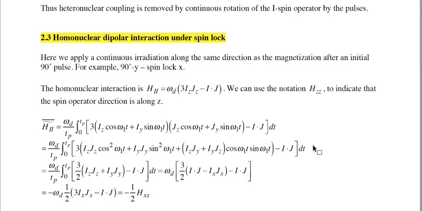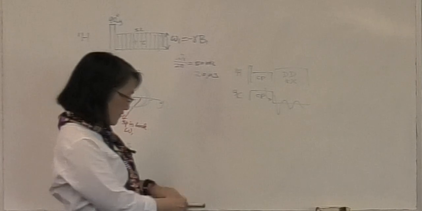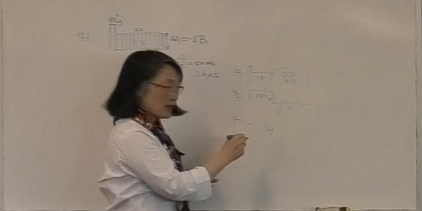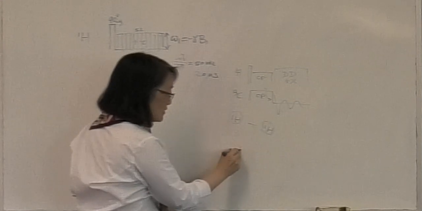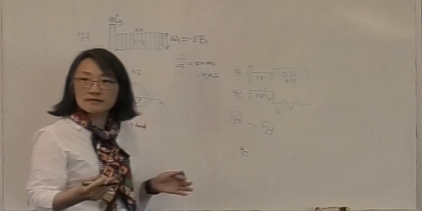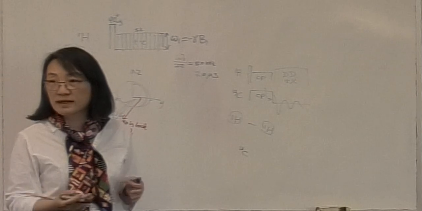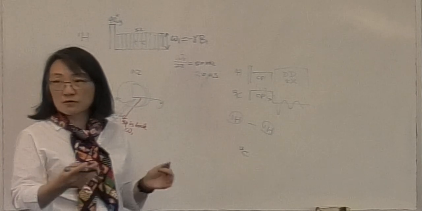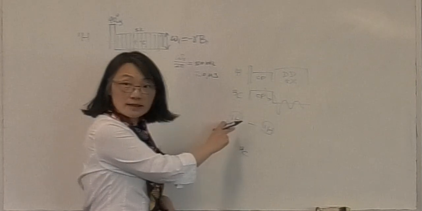During CP, you're applying continuous irradiation on both the proton, the abundant spin, and a heteronuclear spin. So I want to consider the problem of, okay, what happened to my proton dipolar coupling? You have lots of protons around, and then you have a rare spin, carbon, occasionally, if it's natural abundance, 1% of the time. Even if you uniformly label your protein or whatnot, it's still not as abundant as proton.